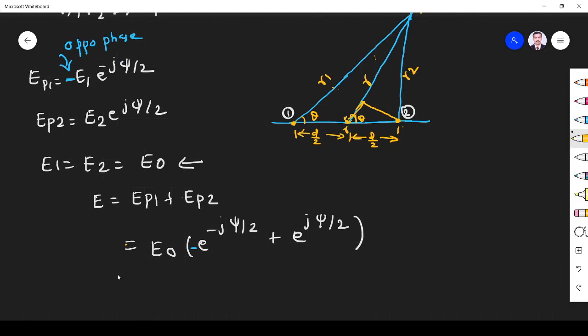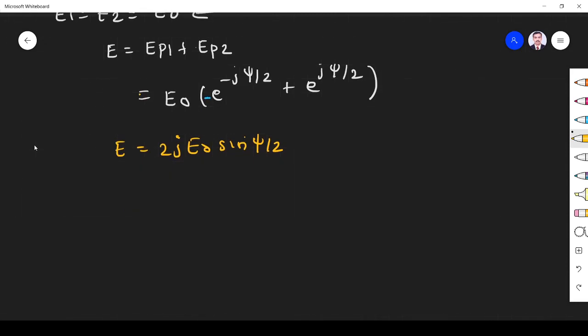Now what is the total electric field? E is equal to, if you simplify, we get 2j sine psi by 2. Psi we know already, it is beta d cos theta.